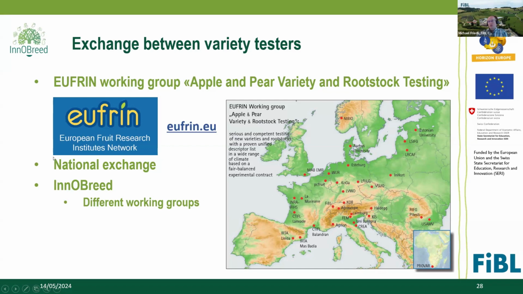But of course, we also have some national exchange, with other organizations. It's also important that from one step you also go to the organic farms, with a higher number of trees, where you really have the direct feedback of the producers. And also projects like InnoBreed are really important. So you heard it, we have different working groups.